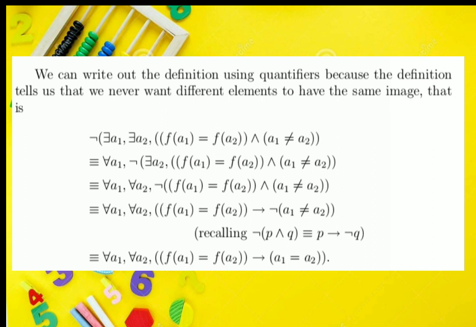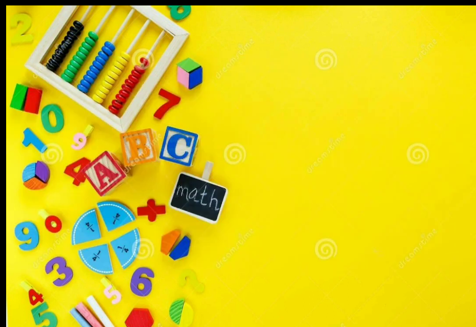So, you must recall that not (P and Q) is defined as P implies not Q. Lastly, it is defined as: for all a1, for all a2, f(a1) equals f(a2) implies a1 is equal to a2.